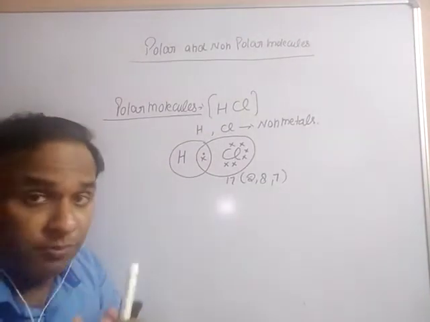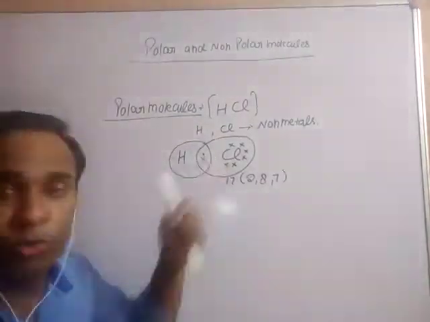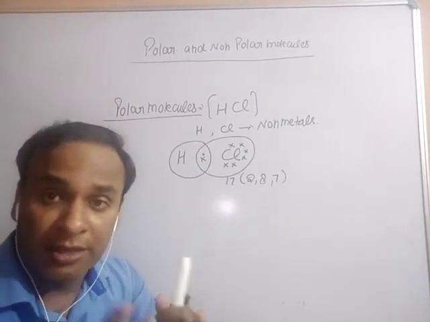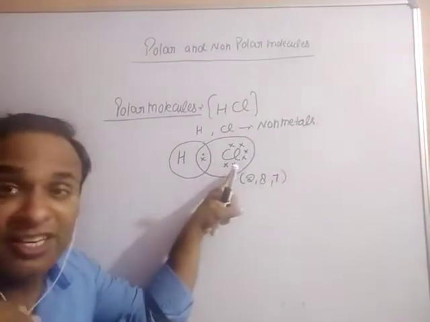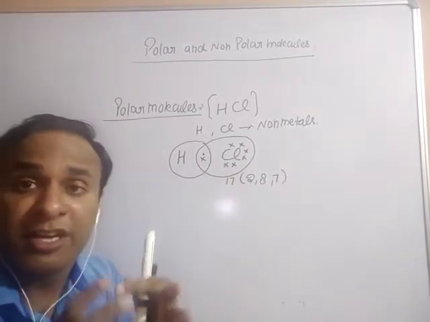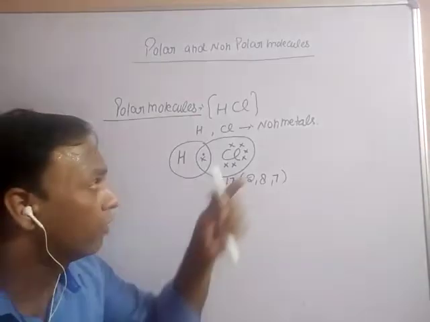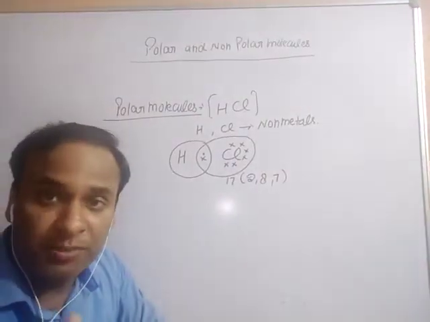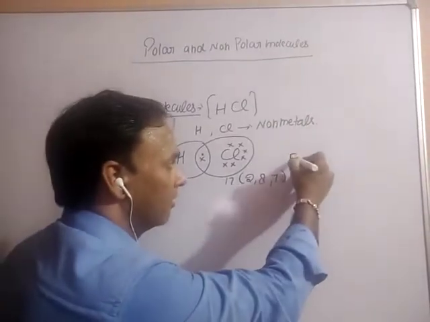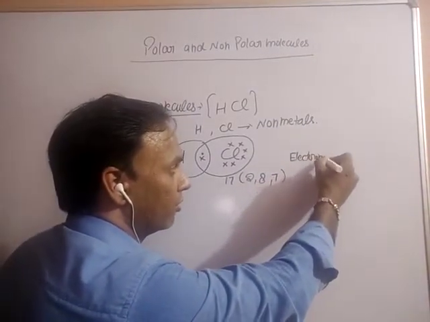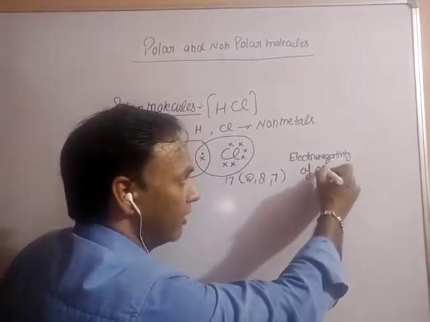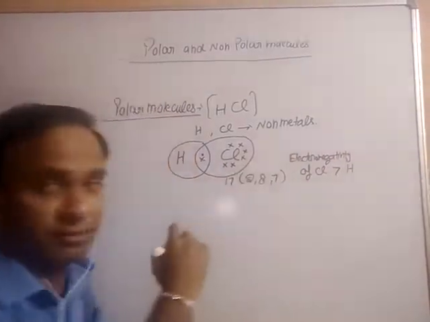But we observe that hydrogen and chlorine both are heteroatoms, different atoms. Clear? When we compare the electronegativity of chlorine and hydrogen, we observe that the electronegativity of chlorine is greater than hydrogen.